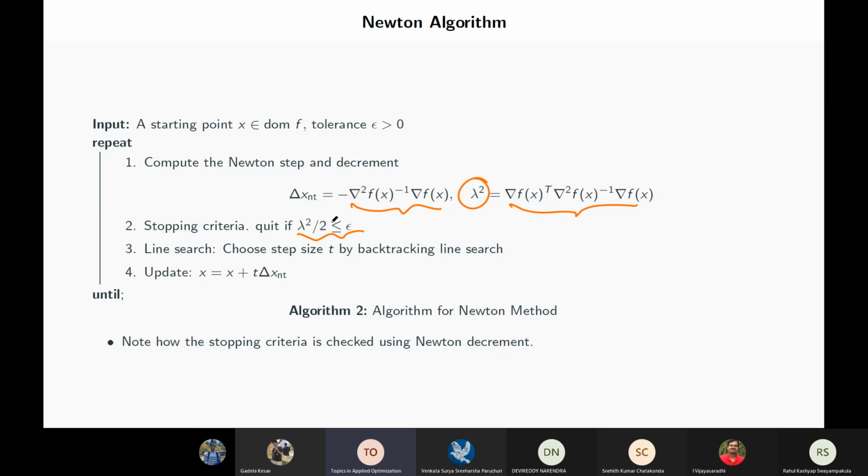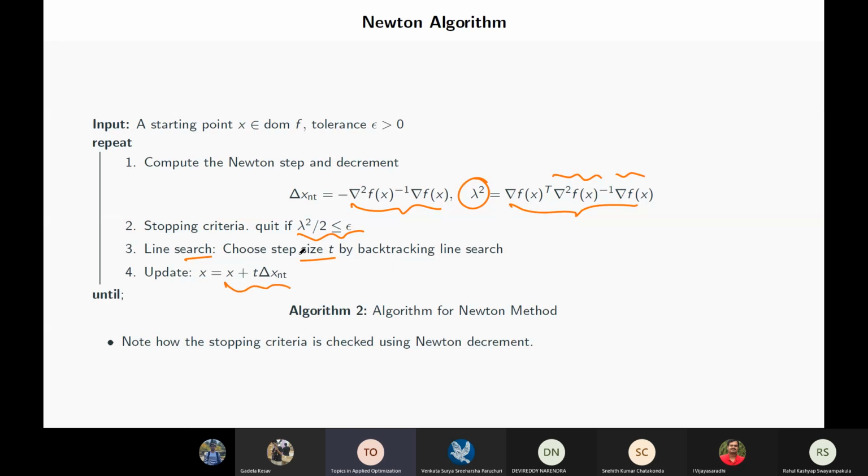Because the gradient values and Hessian are known to you, you can find these values. You need a linear solve here, the matrix inverse times a vector, right? All this you can do, and that can be used as a stopping criterion. Moreover, you can use some ad hoc step length, or some line search, and then you update like you do in gradient descent.